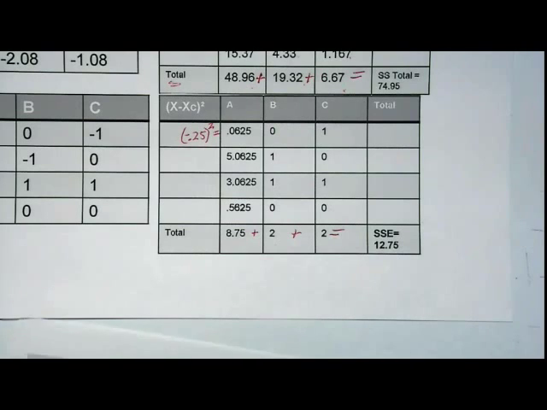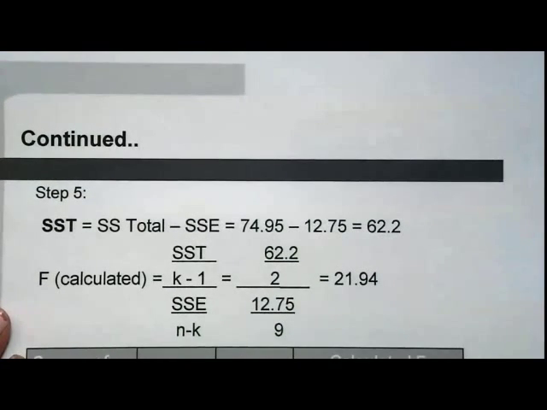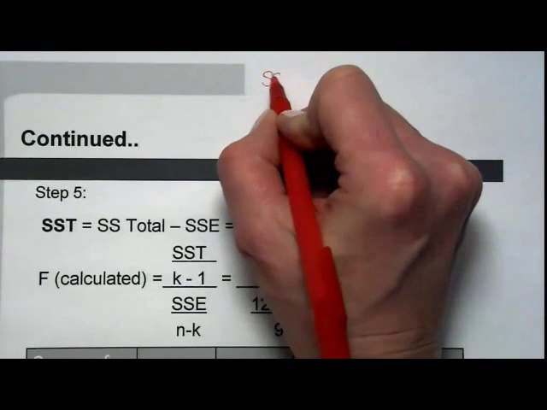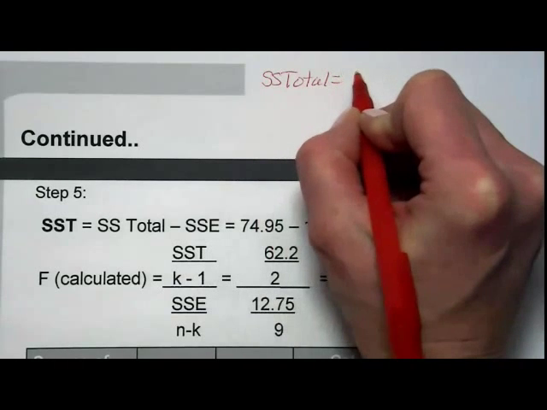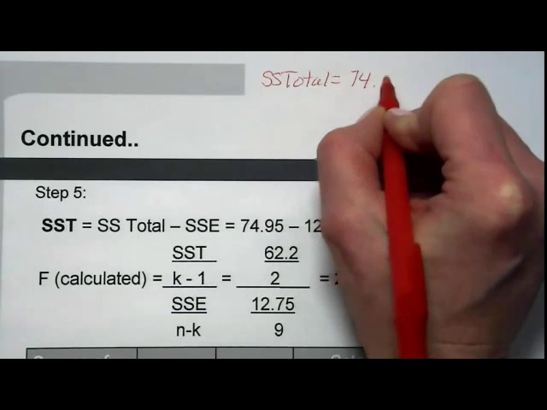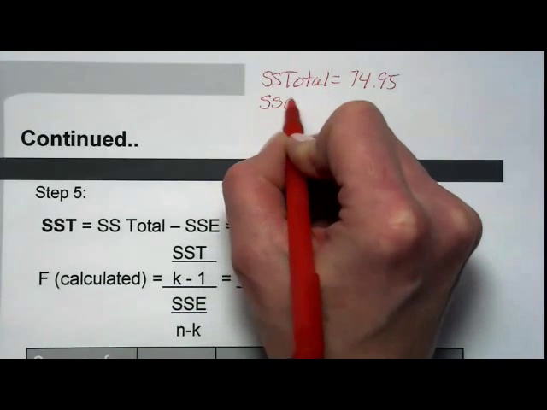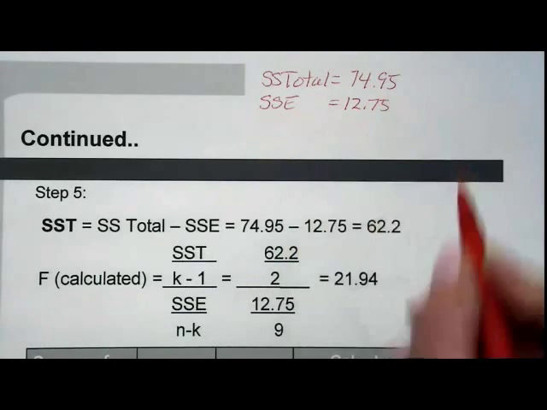So where do we go from here? Well, so far we have SS total, which equals 74.95. We have SSE, which is 12.75.